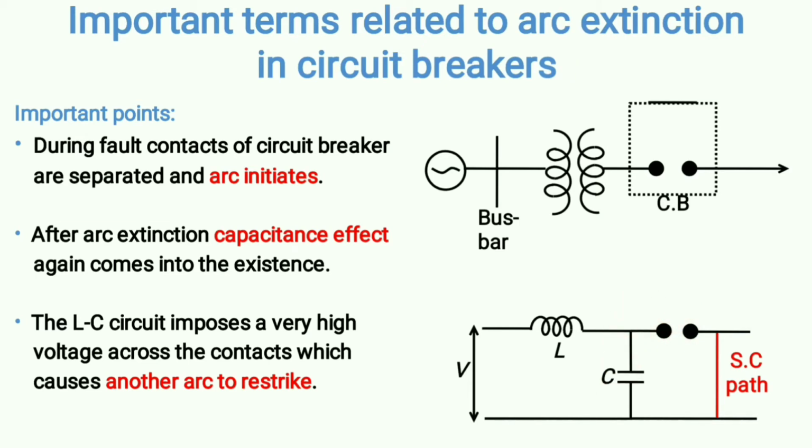Alright. So see the third point, the LC circuit imposes a very high voltage across the contacts, which causes another arc to restrike. Now see, the moment arc is gone, the capacitance comes into existence, so it forms an LC circuit.